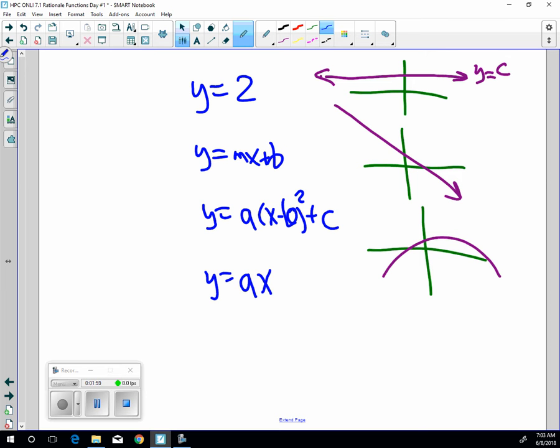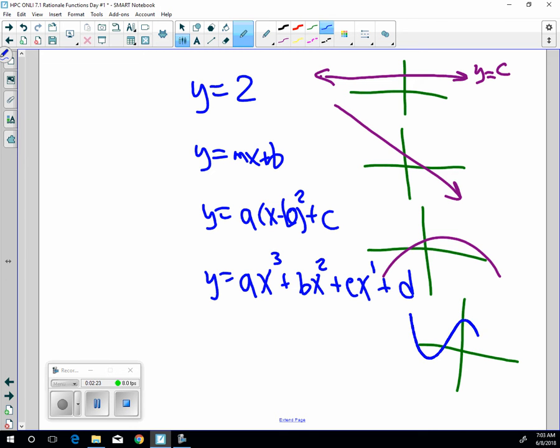All of those were integer powers, and we did 3, but we could go 3, 4, 5. Those were polynomials, and that's where we got into the idea of several zeros, finding zeros using synthetic or long division, and that helped us find the zeros.